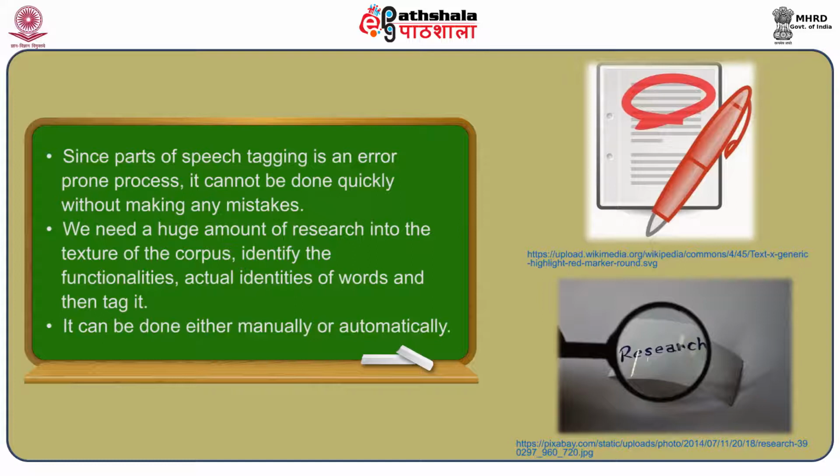Since it can be done both manually or automatically, initially it was done manually; later on, efforts have been made to develop different rules, methods or approaches to do the task automatically. Even then, the rate of success in parts of speech tagging is not quite encouraging.